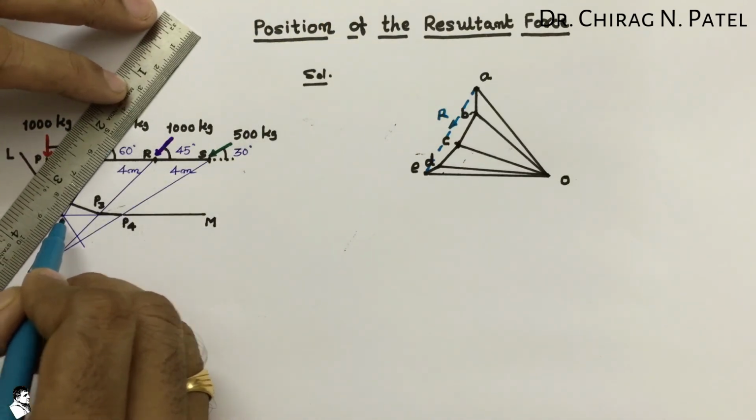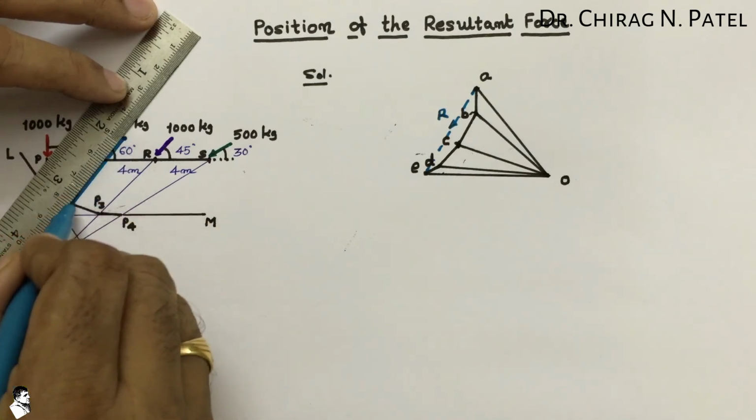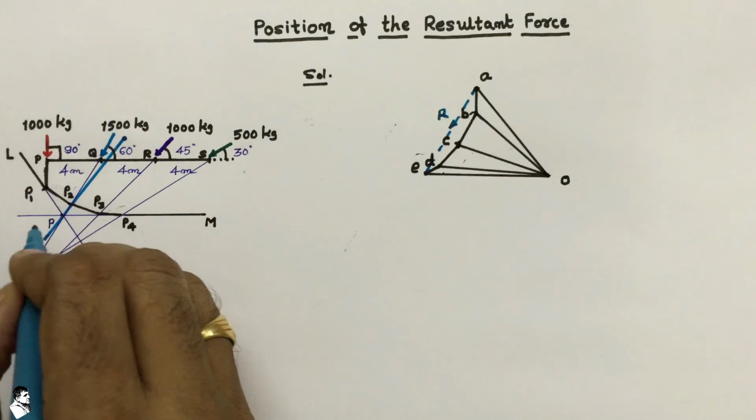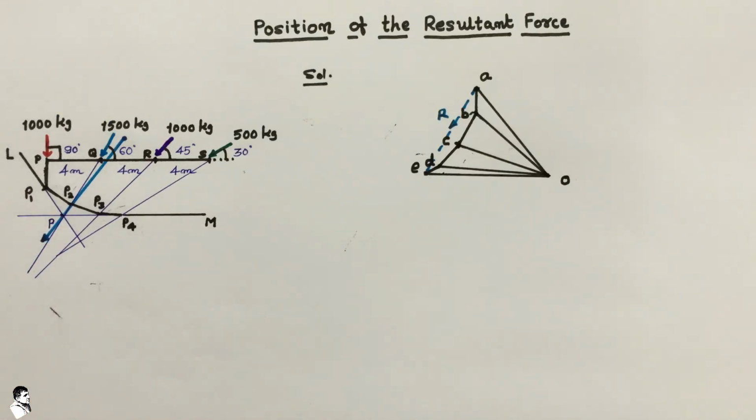That line is known as the resultant line.